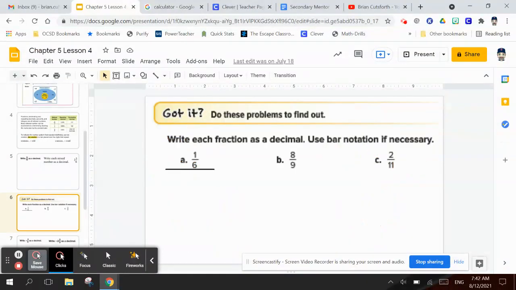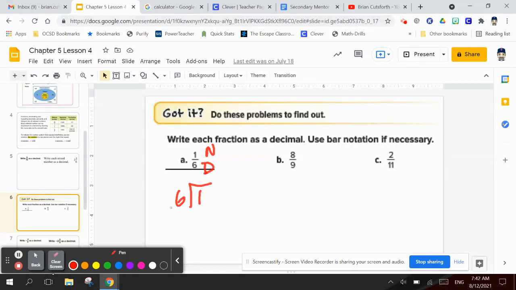Okay, so let's practice on a couple. Here are fractions to decimal. So I have 1/6. Here's my numerator, denominator. So I have 1 divided by 6.